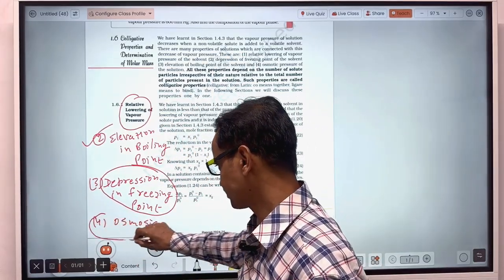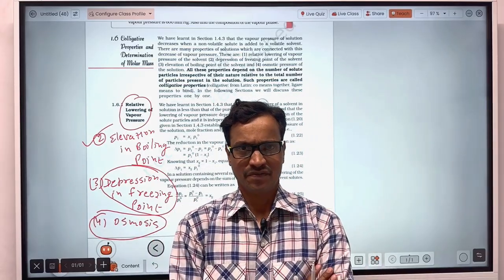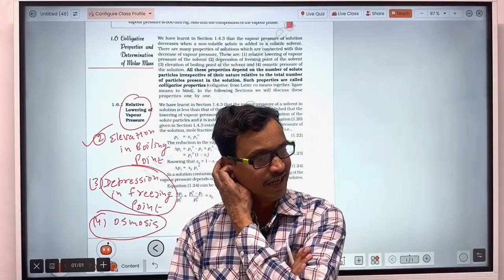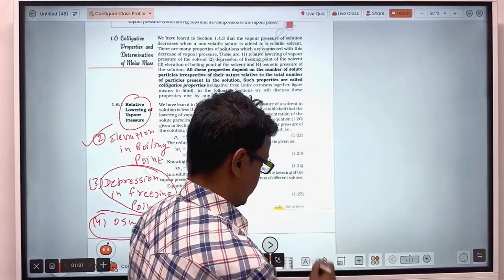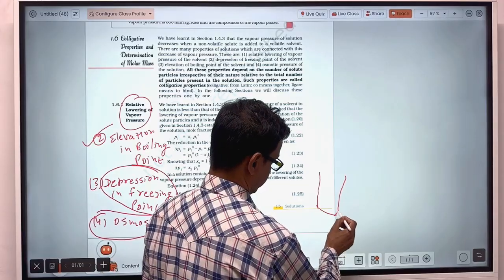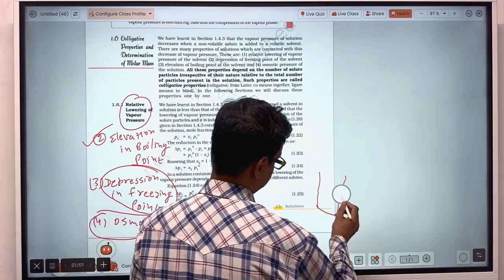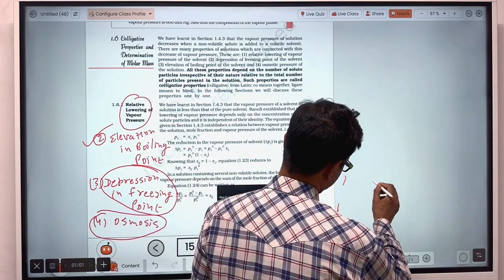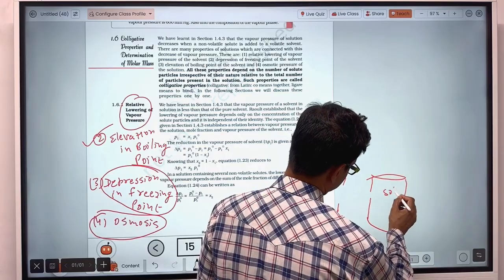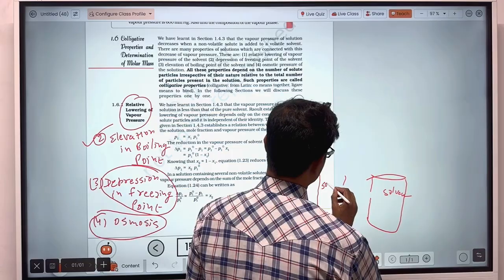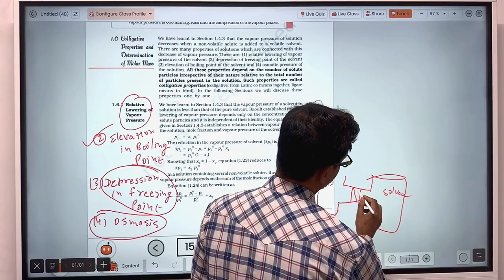What is osmosis? Osmosis is the movement of solvent particles from low concentration to high concentration through a semi-permeable membrane. Like here is a container. In this container there is a liquid, and in the other there is a solvent. Suppose here it's solvent and here it is solution, both connected through this one, and here is a semi-permeable membrane.